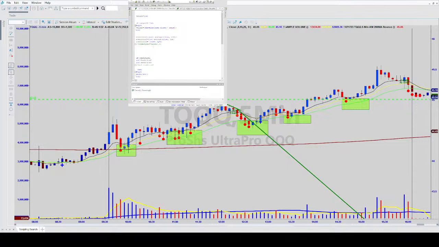All right, so come back, take those two out, and now we want to say condition 4 equals value 2 is greater than 0.8. Okay, value 2 over 0.8. Let's do over 0.5.